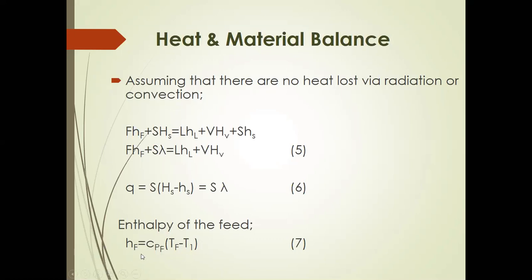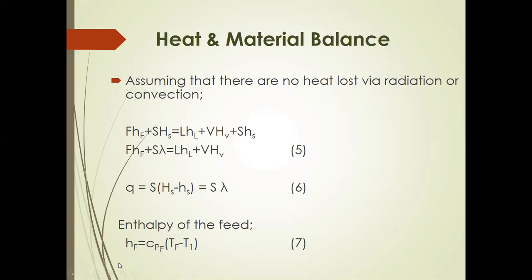If you use this formula, you have to understand that whatever base temperature you use here for the feed, that would be the same base temperature that you use for the thickened liquor when you account for its enthalpy. And if the unit is SI, class, this base temperature or reference temperature, if you have a piece of paper there, is 0 degrees Celsius or 0 degrees centigrade. If it's English, it is 32 degrees Fahrenheit.